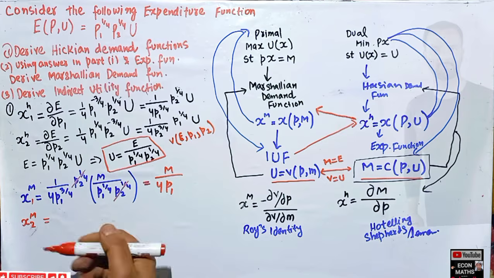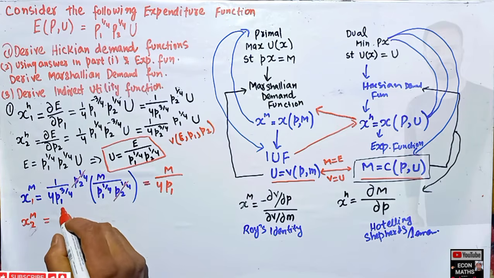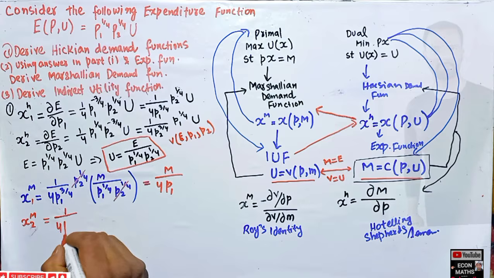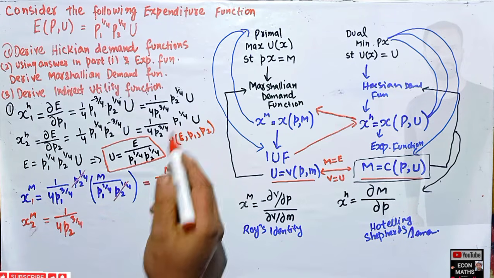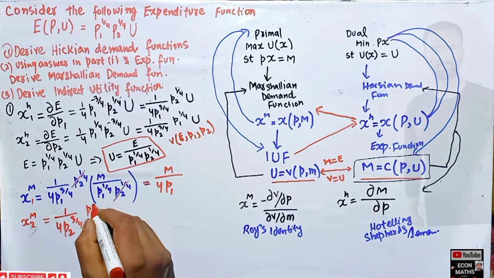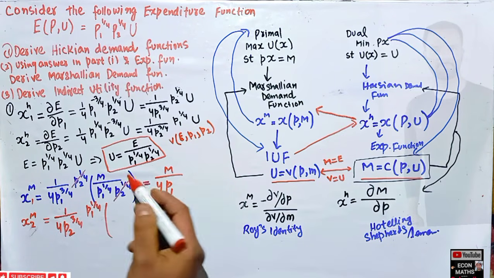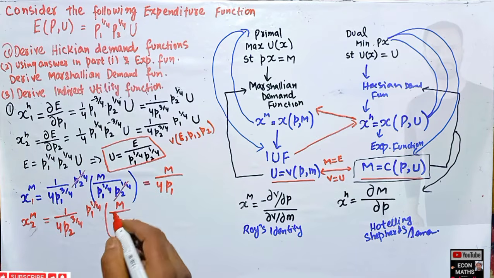So let us write it here. We have 1/4, then p2 raised to the power 3/4, then p1 raised to the power 1/4, and in place of u we write this. What is in place of e? I am writing m here, so no need to worry.